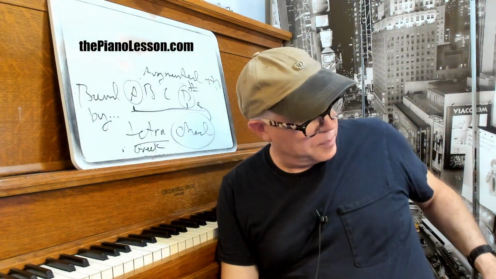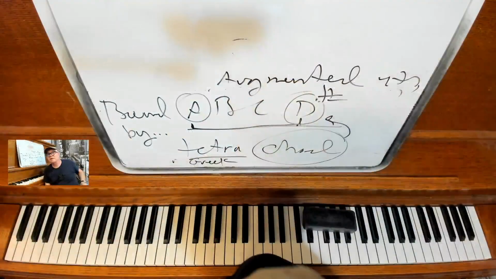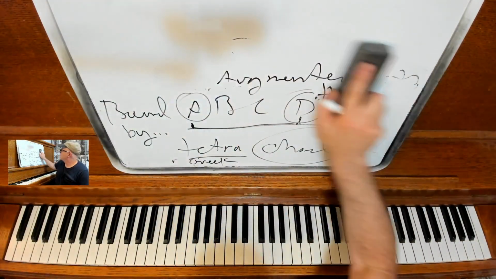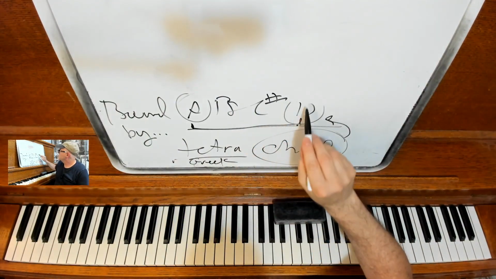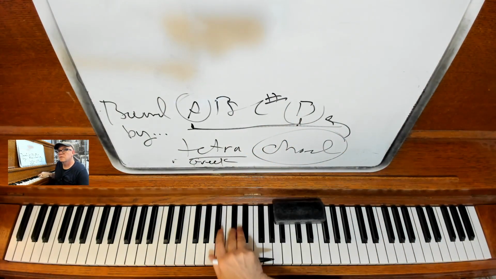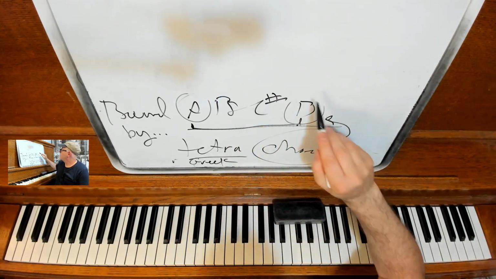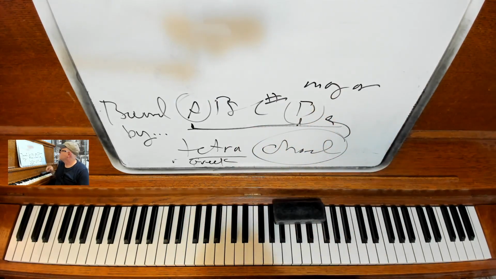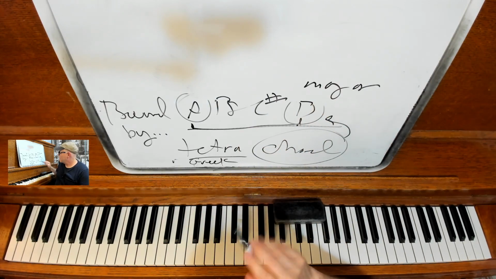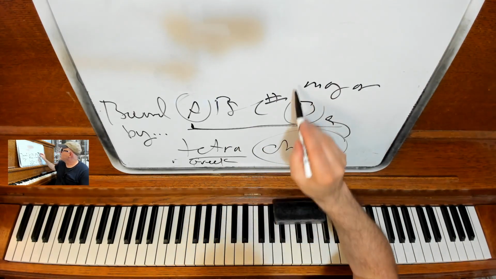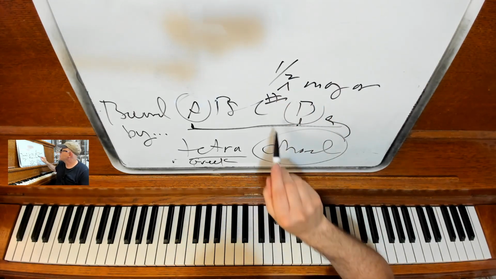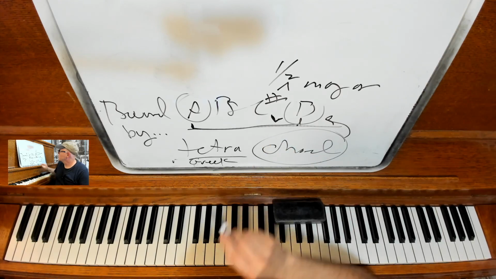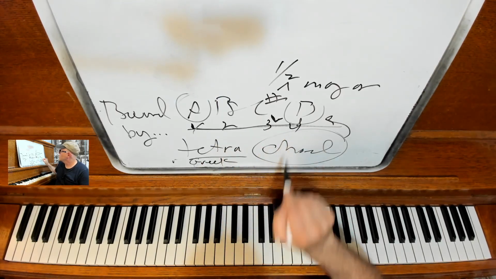Let's identify these again. Here we go: A, B, C sharp, D. That is now a major tetrachord. Your half step is right there, and the rest of them are whole steps. So your half step is between 3 and 4: 1, 2, 3, and 4.